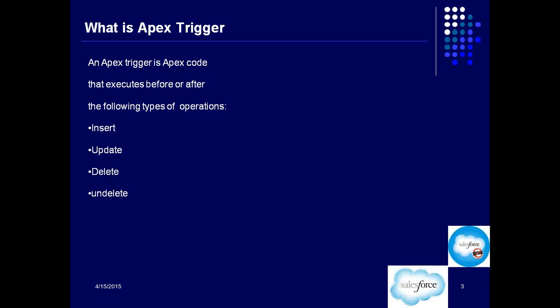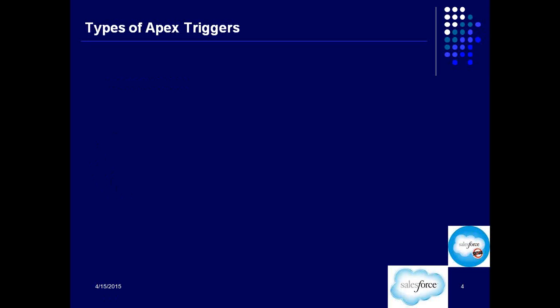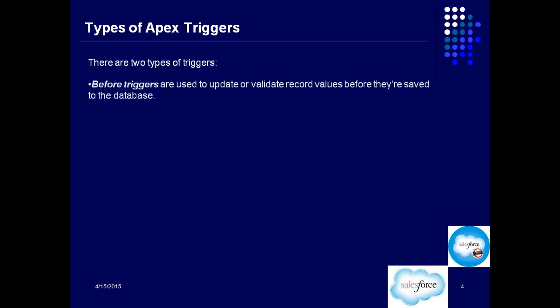So when I say DML operation, just relate to these operations. Okay. So you can have a before trigger. A before trigger is something which will get executed before the DML operation. Alright. So why are these used?